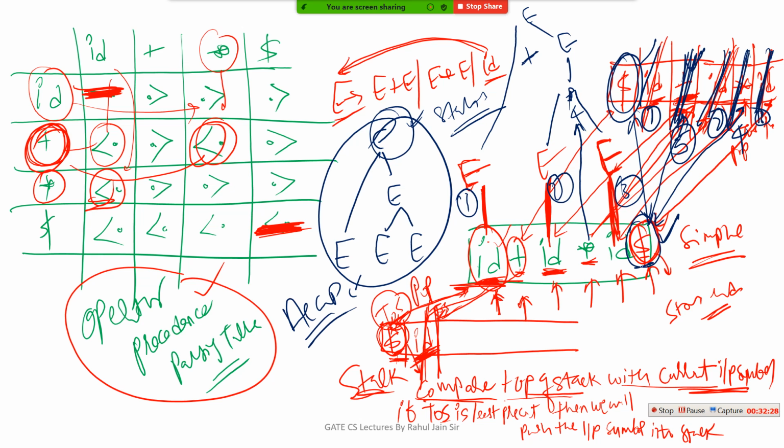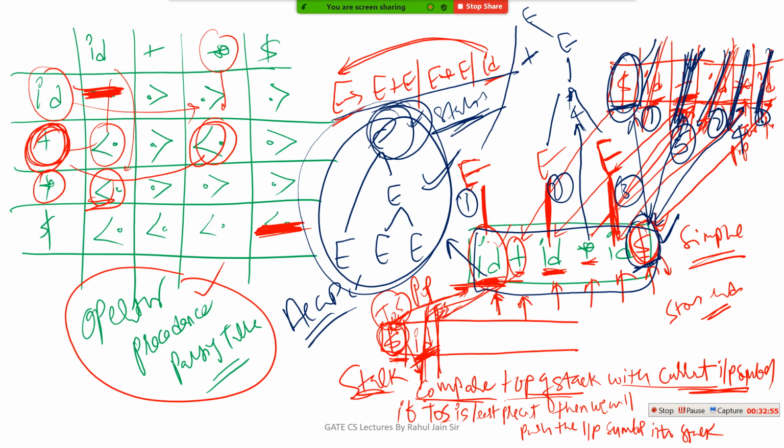It means that at the end position of the input, if I got dollar, and my stack is again empty after pushing and popping operations, then this parse tree will be generated from this grammar. And at the highest position, if I got my starting symbol, I can simply say that it is an operator precedence grammar and I have accepted my string. So what was my string? id plus id into id was accepted, and it will create such a parse tree.